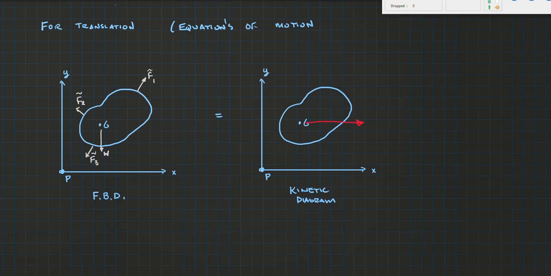So the inertial terms, mass times the acceleration in the x direction, and say mass times the acceleration in the y direction.